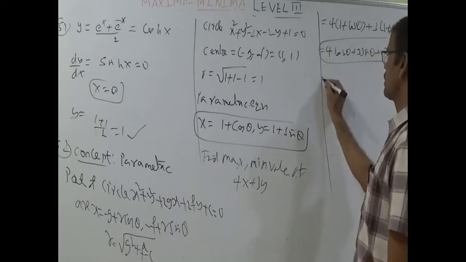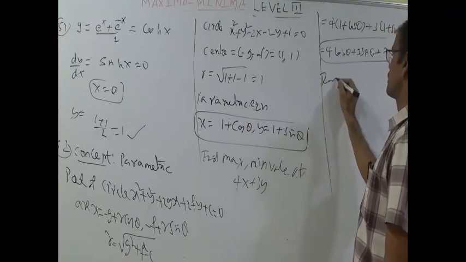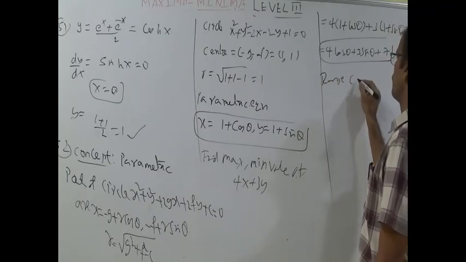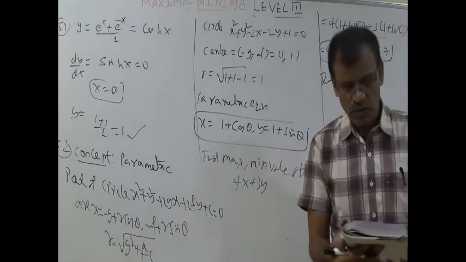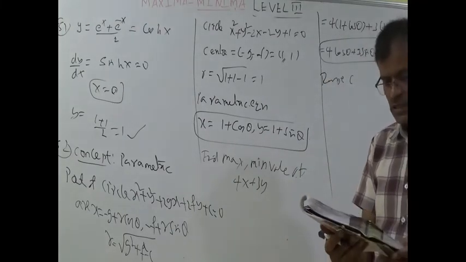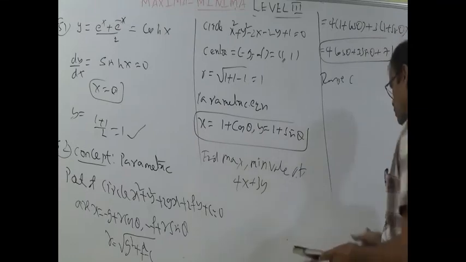You know the range, max comma min. Range formula: c minus root of a square plus b square comma c plus root of a square plus b square. Students, he is asking for the sum of minimum and maximum. Okay, no problem.